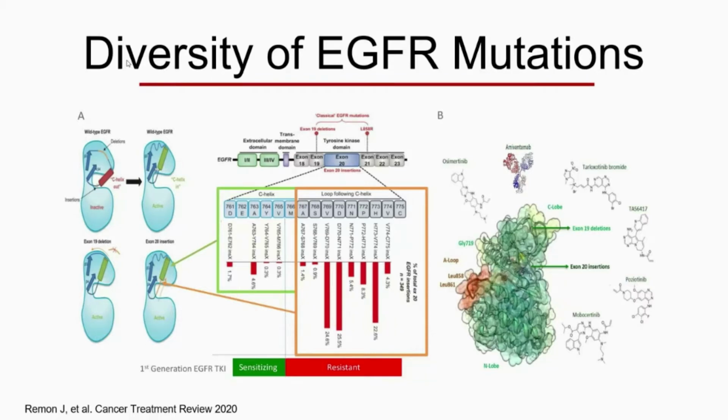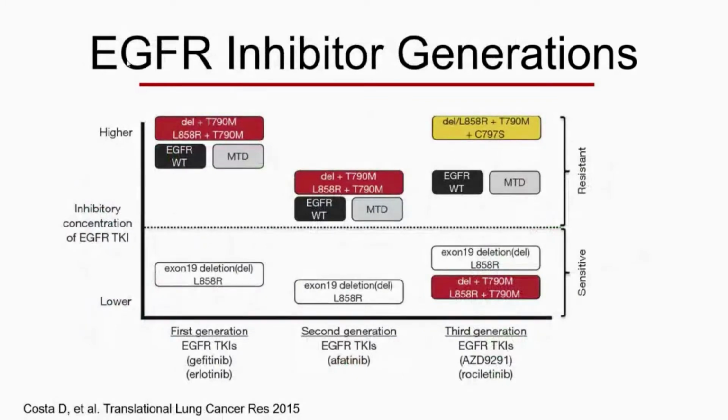If we go to the next slide, this is relevant because the pocket is essentially where these drugs are binding, and you've now heard about different generations of drugs. The first generation drugs are reversible, so they can bind but then come off.